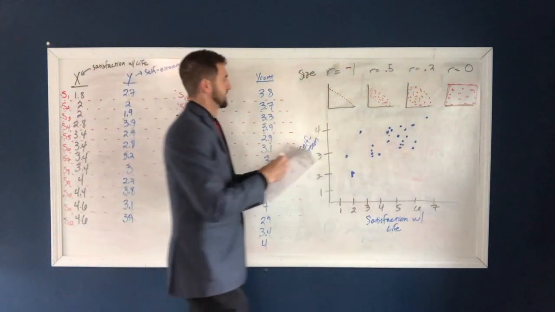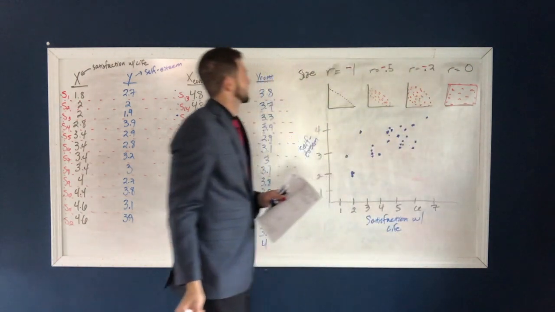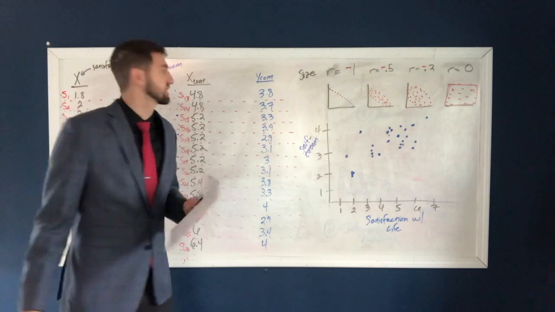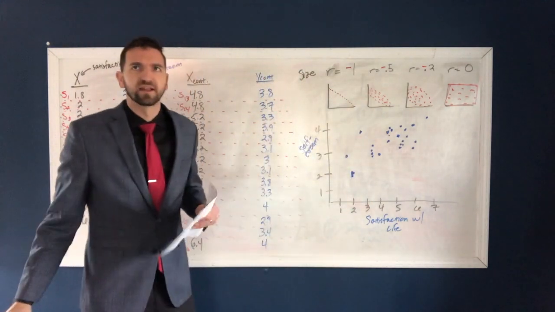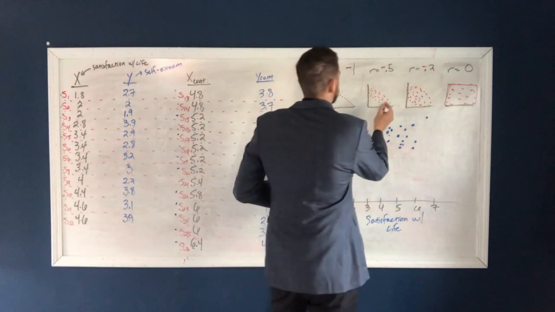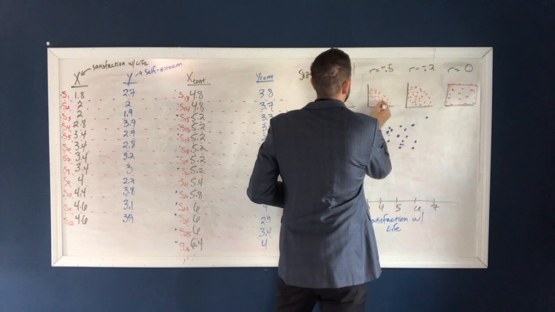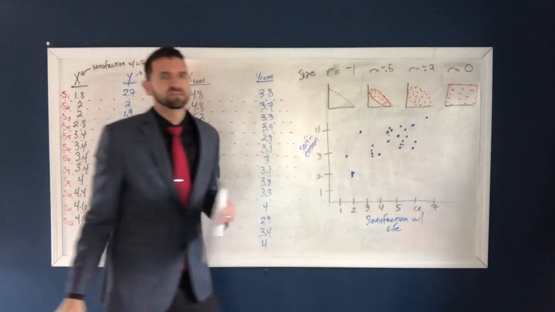Let me add my negatives here. R equals -1, a perfect negative relationship. All these dots are on this imaginary line right there. Then you have R equals -0.5, the dots are spreading out.